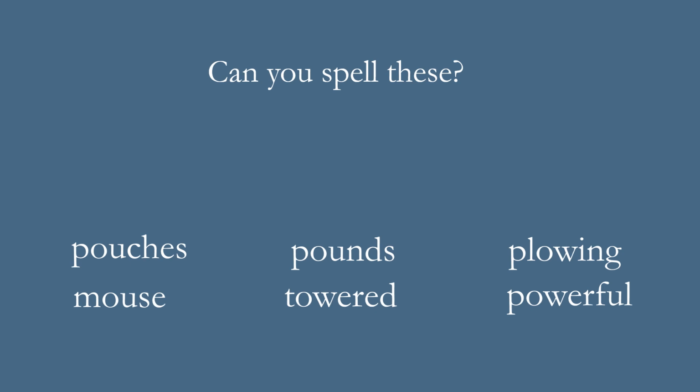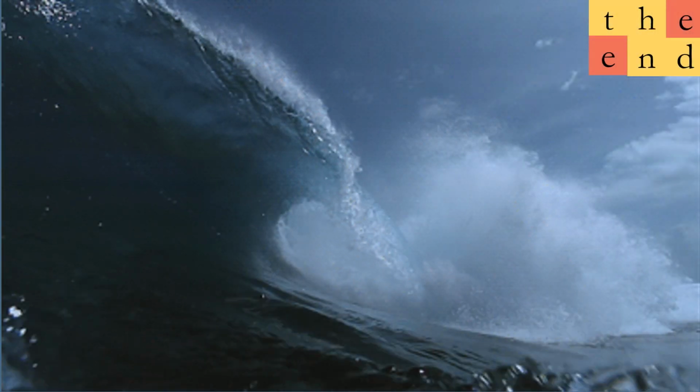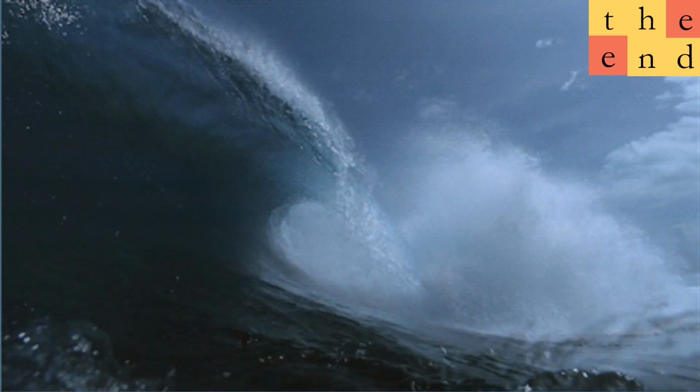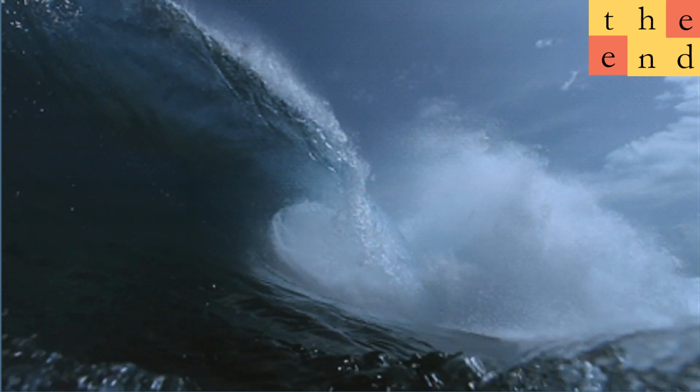And remember, when we take the word full, F-U-L-L, and use it as a suffix, we drop that bonus letter, and it's just F-U-L. And one of the things that I think is powerful is the ocean and ocean waves. Oh, that wave looks really powerful.